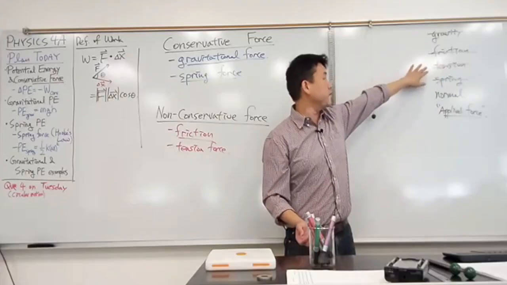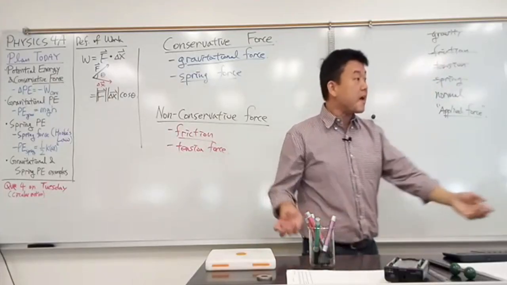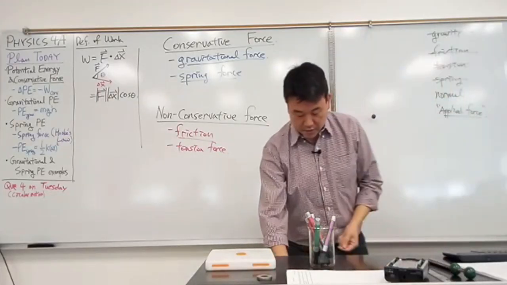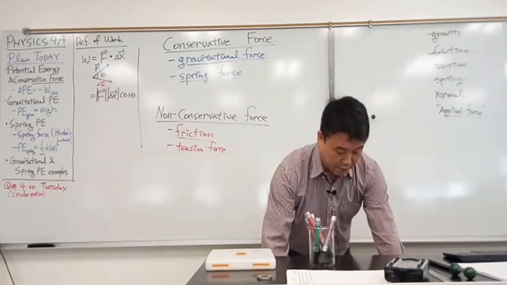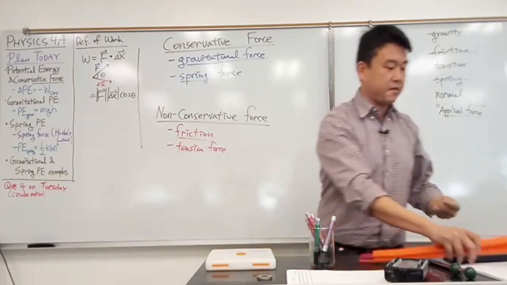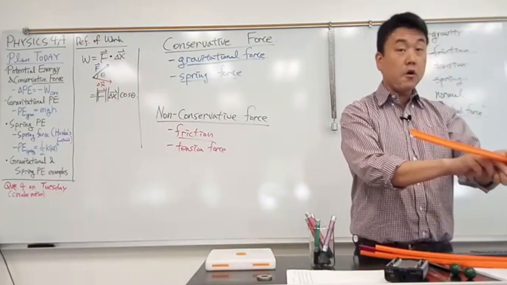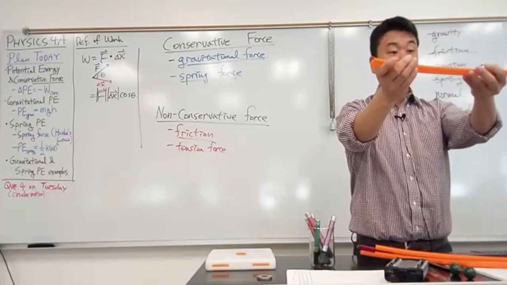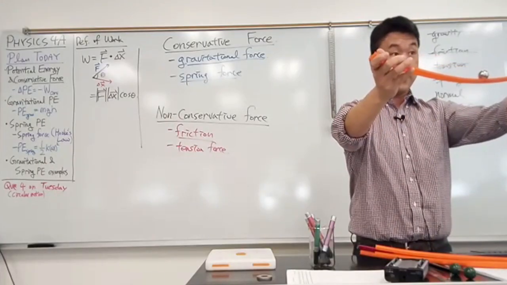So you associate these forces with energy being conserved, which is not wrong. Let me give you an example involving normal force where energy is conserved. I have these tracks. When this ball is on this track, there's normal force between the ball and the track.